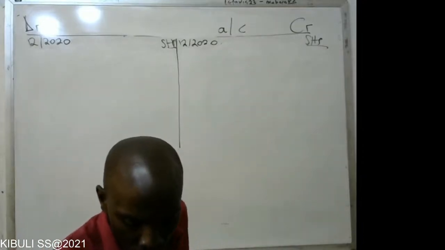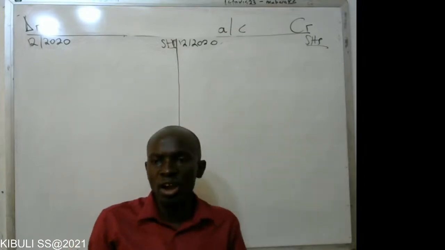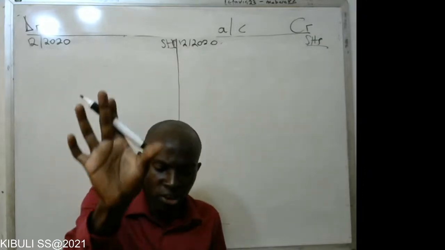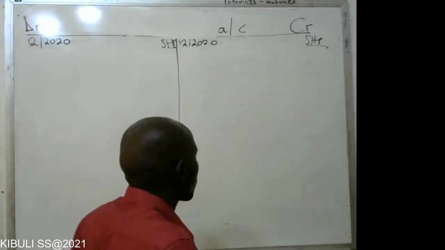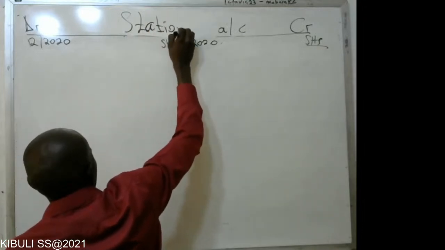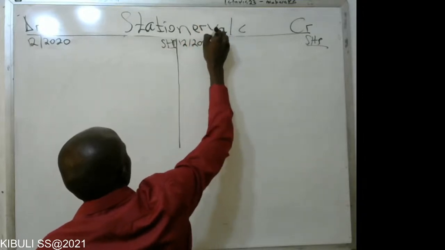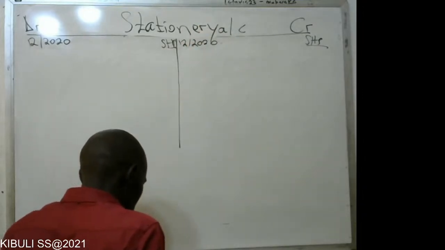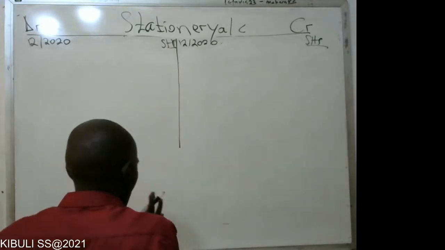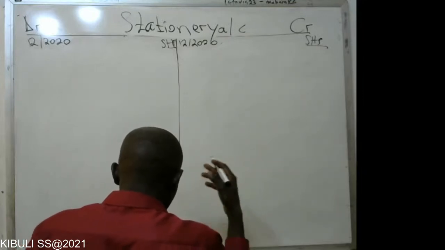Okay. What is the next ledger account, class? According to the transactions, now we need to open up the stationery account. Stationery account. The transaction on 13th. Stationery received, that means cash lost.